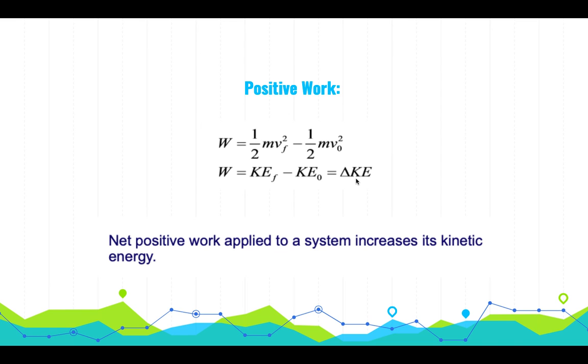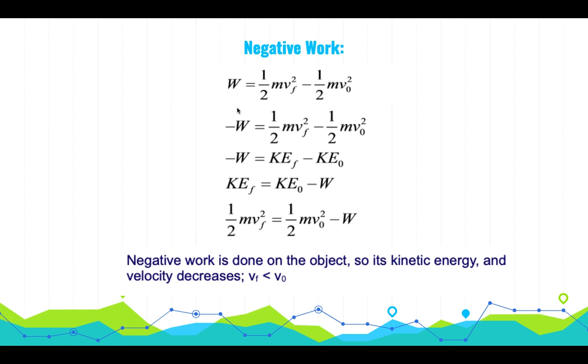When work is negative, we're going to take this equation and plug in a negative sign for work. Yes, work is a scalar, but negative work can be done if energy is released from the system. So if we make this negative, we're saying that negative work is equal to the change in kinetic energy.